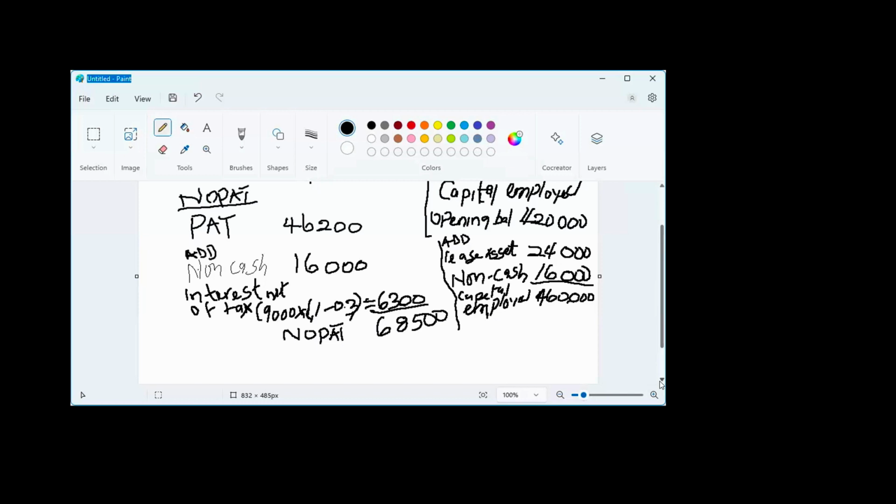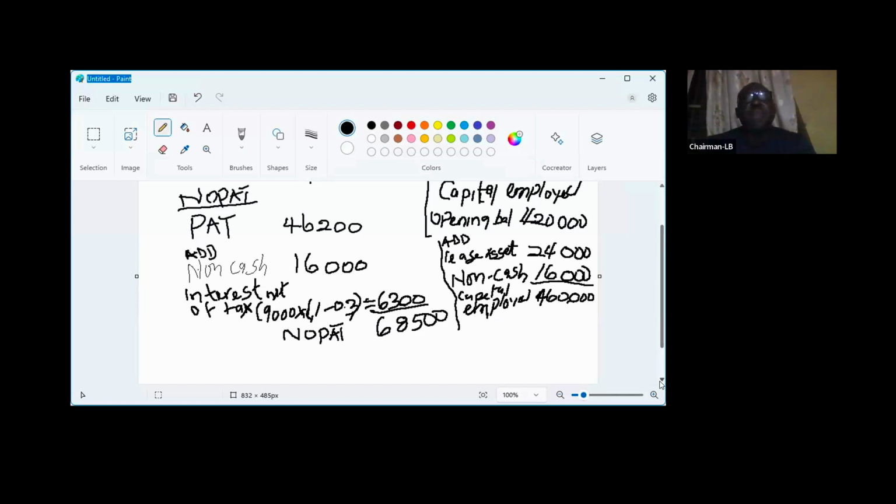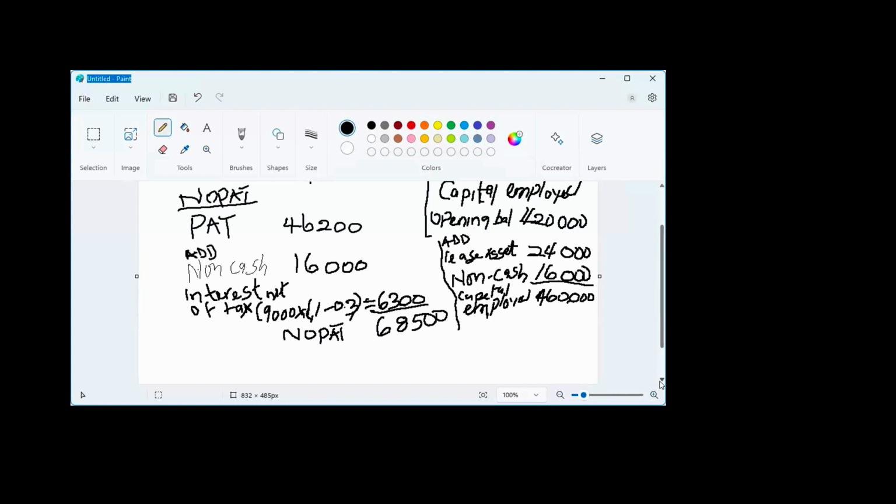No. Now, if you are preparing your income statement, are you going to record rent in your book or not? We are supposed to record rents.